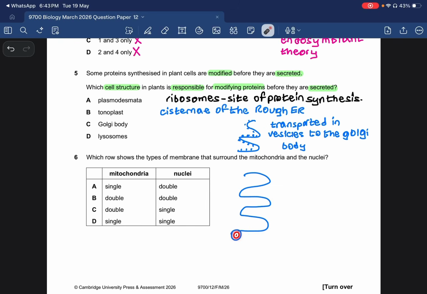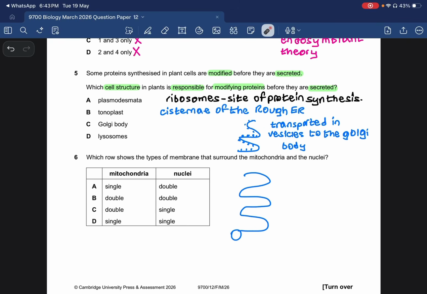This vesicle contains that non-functional protein. Now, because this vesicle has fused with the cisternae of the Golgi body, this non-functional protein is moving through the Golgi body. Here's the important part. While it's moving through the cisternae of the Golgi body, this is where it is modified.